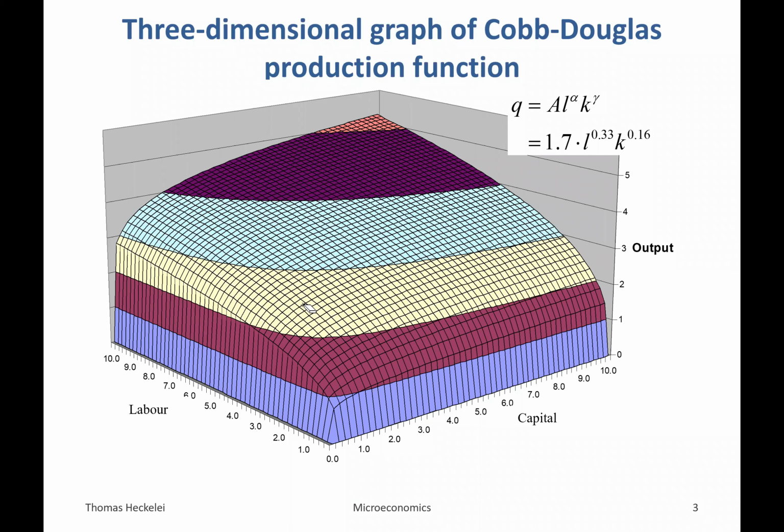Here is an example of a production function plotted in a 3D graph, a Cobb-Douglas production function. For example, here we have a production function Q, output, equals A, technology, times L, labor, to the power of alpha, times K, capital, to the power of gamma.